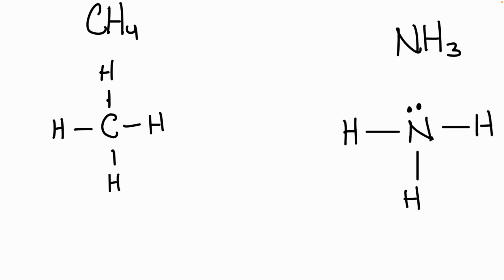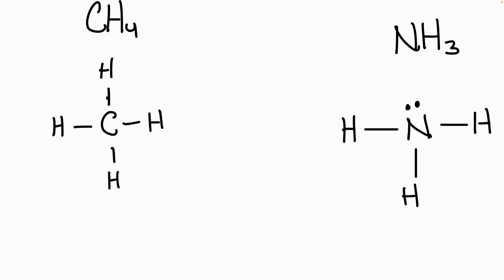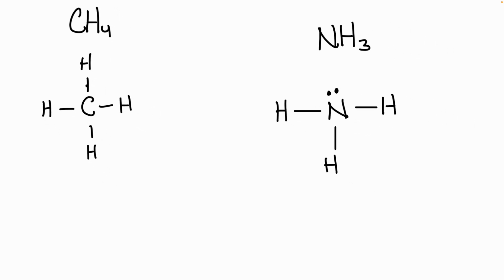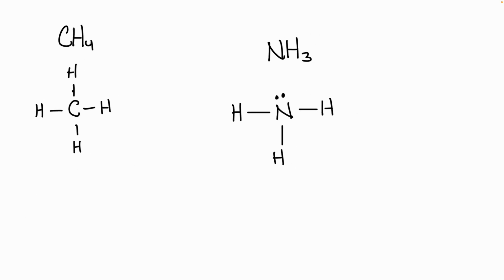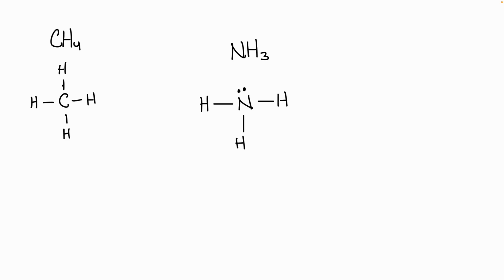So how many electron regions do we see in methane, in CH4? 1, 2, 3, 4, which means it's sp3 hybridized and has that tetrahedral geometry. And in this case, there are no lone pairs on that central atom, so what's its molecular geometry? Also tetrahedral. Cool, so take a minute and draw me the perspective drawing of that methane molecule.